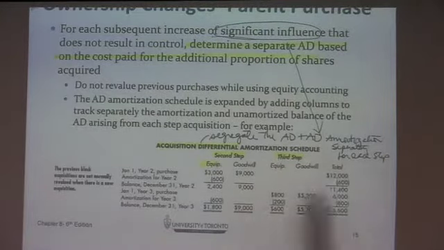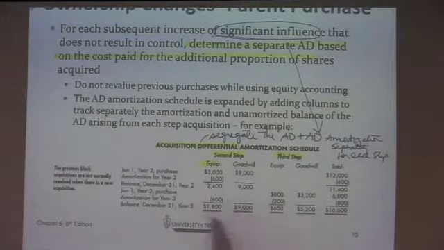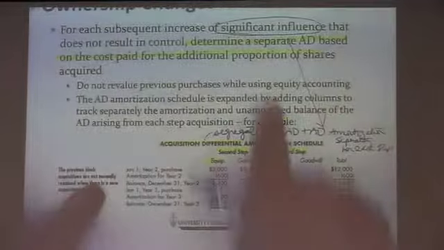Then in the third step, we add to that. We amortize the equipment AD and do goodwill impairment testing separately for each step of the purchase. So that is still significant influence.